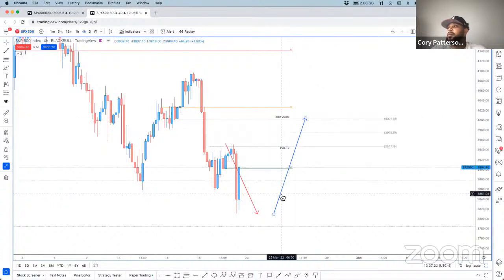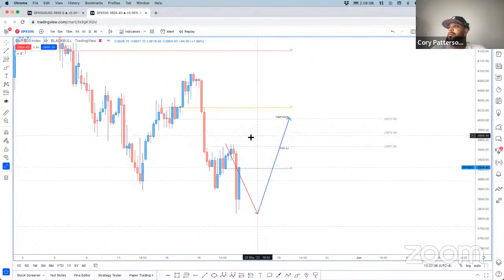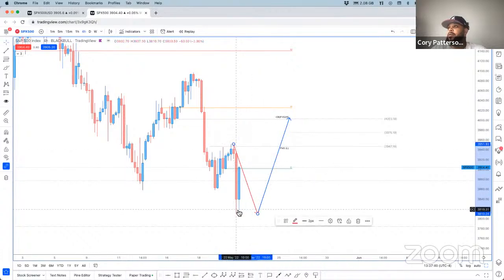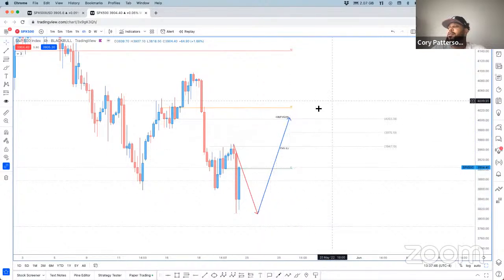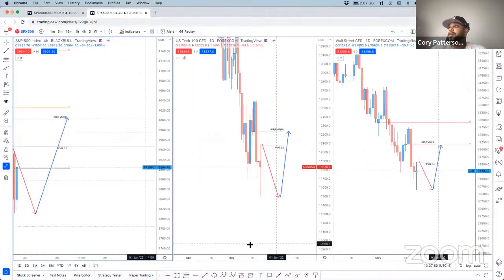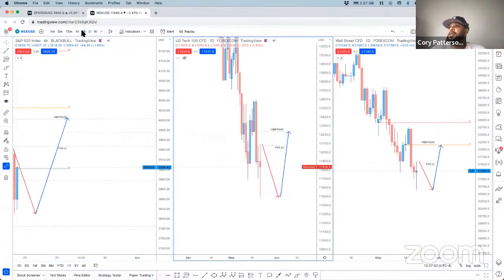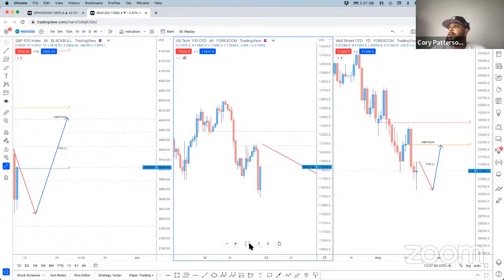So this is what I'm looking at going into next week. This is why I'm looking at that going into next week, because we already had this push down, set a low, and now we're coming up higher into it. And that's pretty much for all 3 of the indices. You can see it better on the 4 hour.